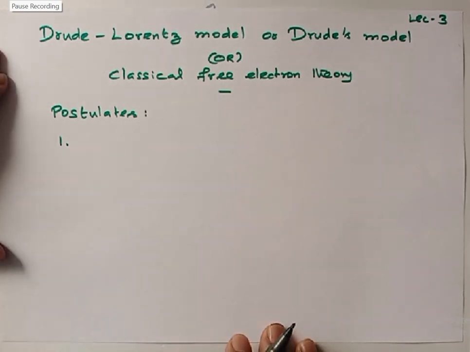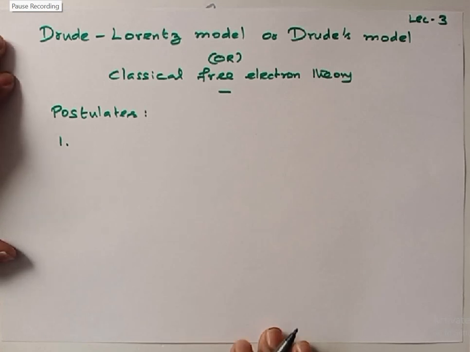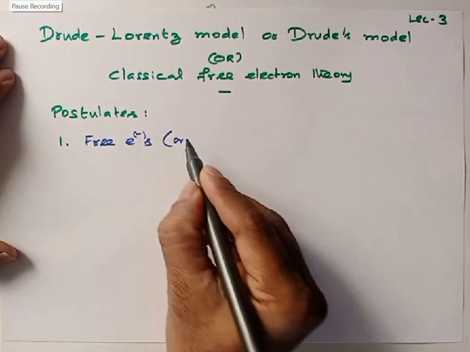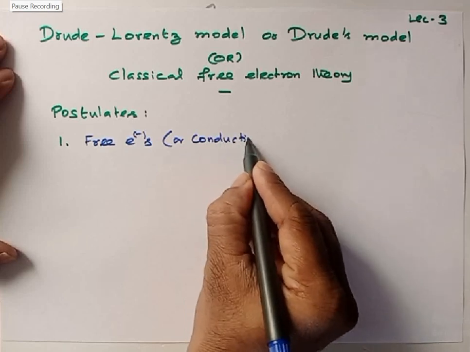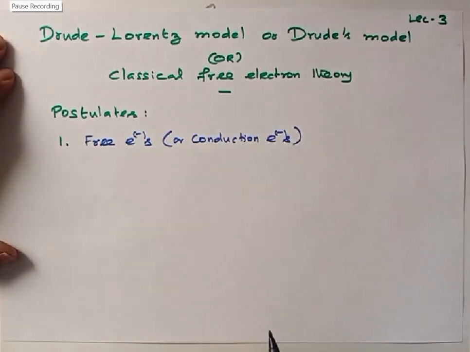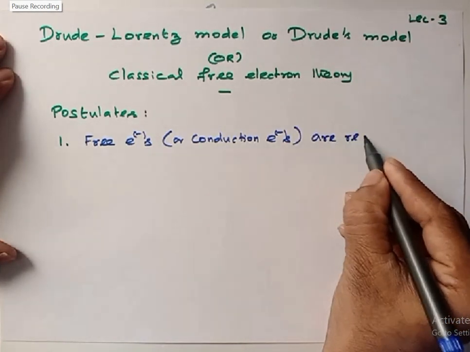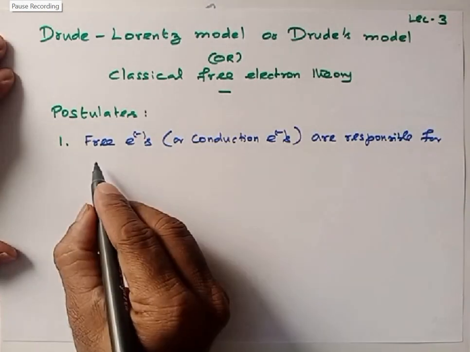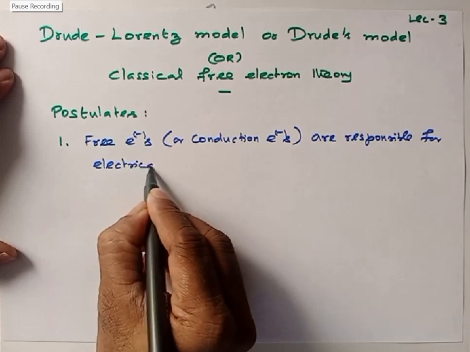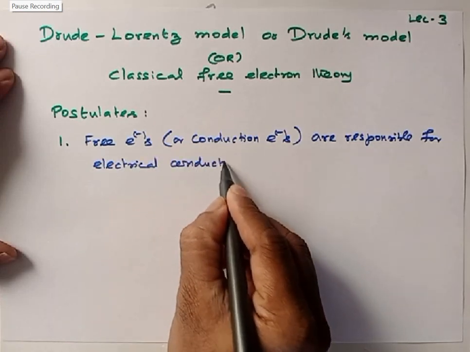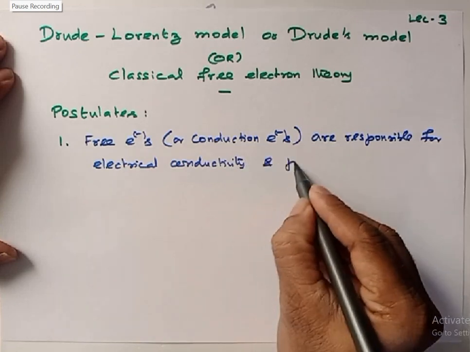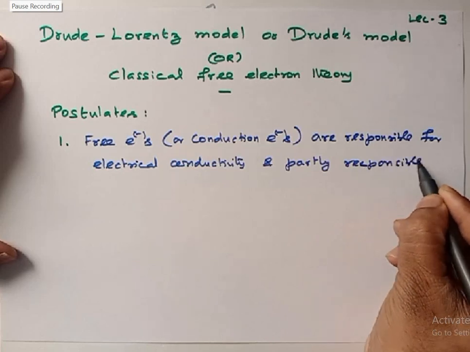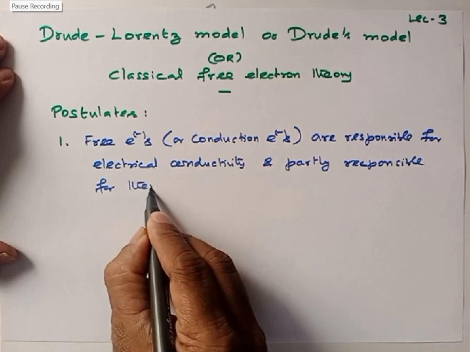In Drude's model, the free electrons, also called conduction electrons, are responsible for electrical conductivity and partly responsible for the thermal conductivity of metals.